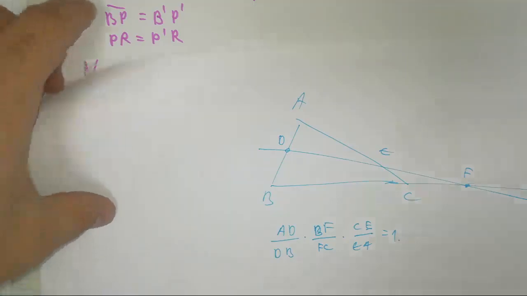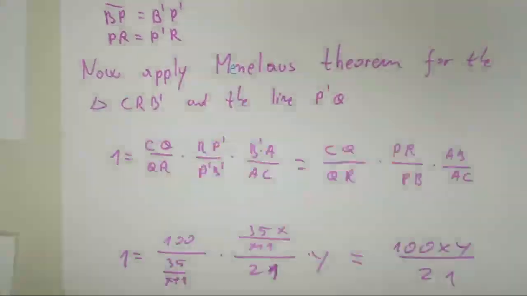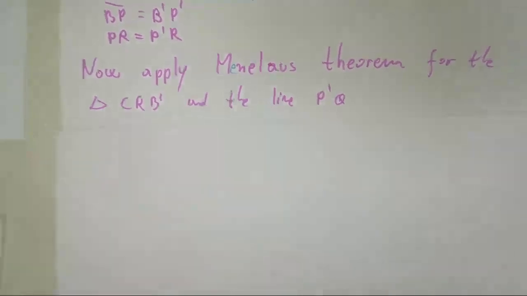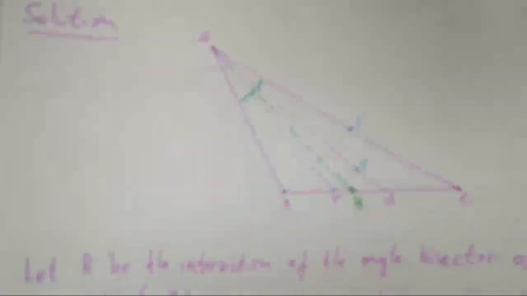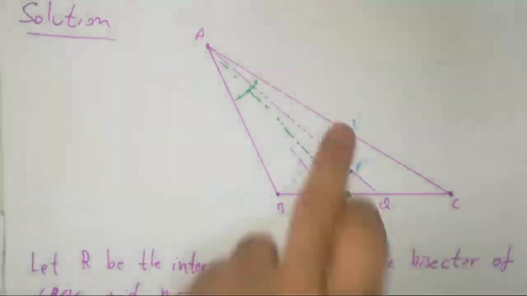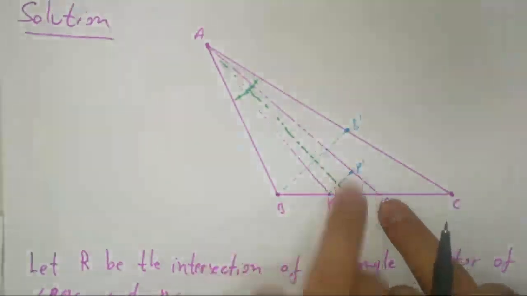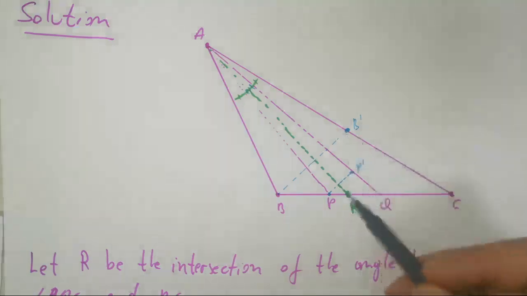This was the Menelaus theorem, but now we will apply it for these two triangles. For the triangle CRB prime, and for the line QP, we apply the Menelaus theorem for this triangle here.